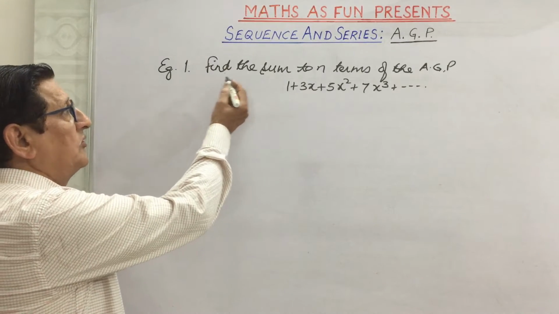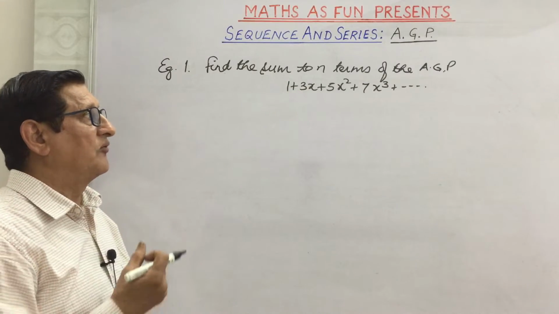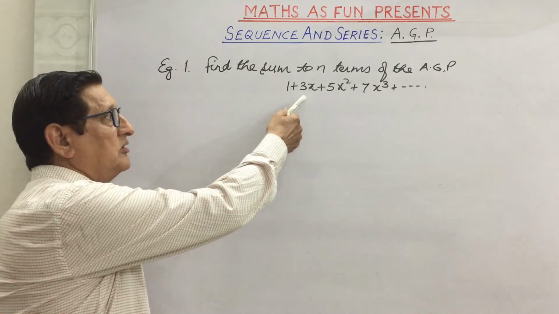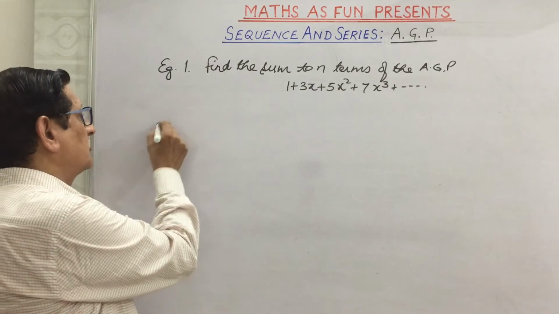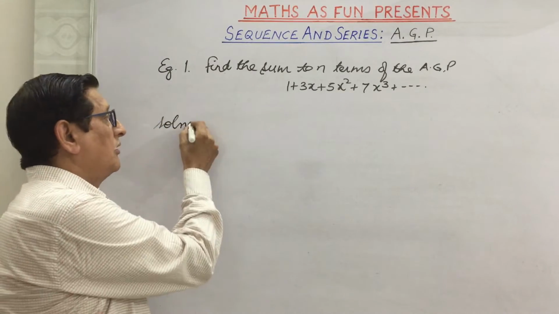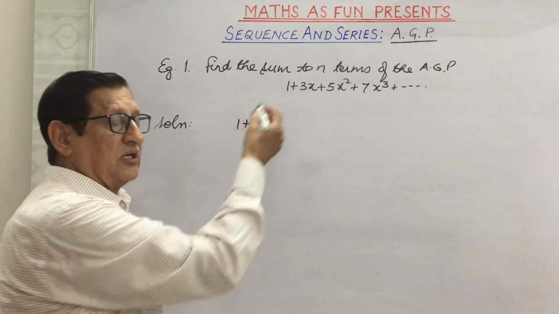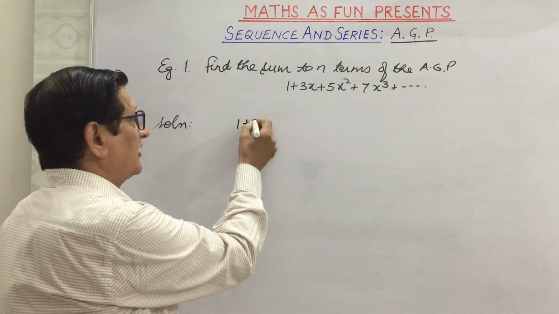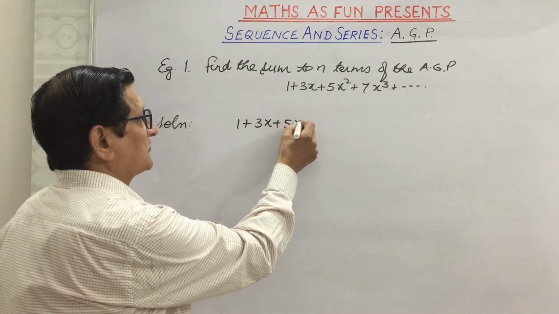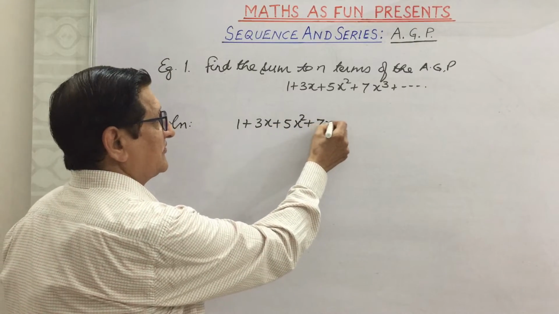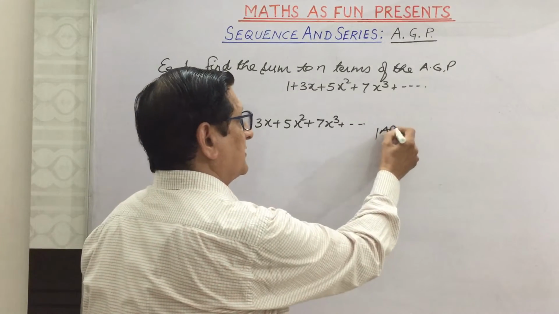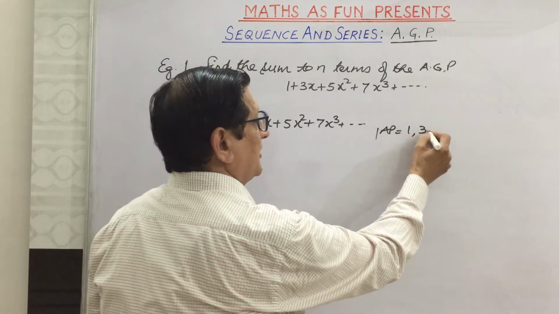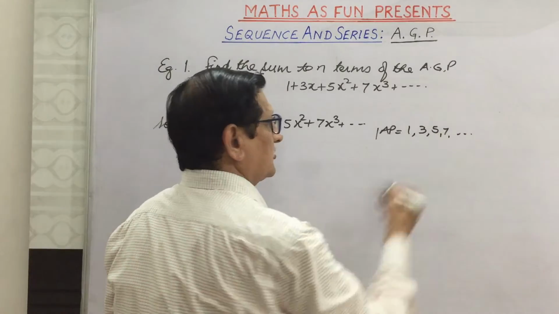Here is an example: find the sum to n terms of the AGP 1 plus 3x plus 5x square plus 7x cube. To find the solution, we write the given AGP, that is 1 plus 3x plus 5x square plus 7x cube and so on. We can see the AP in this is 1, 3, 5, 7 and so on.